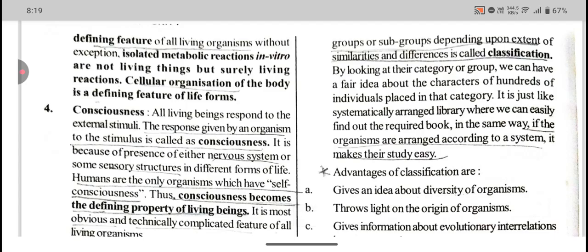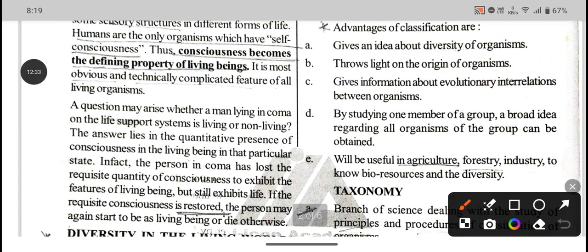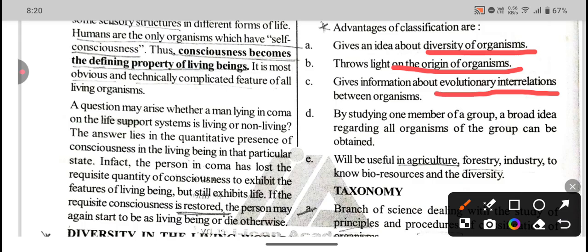The classification of organisms into groups or subgroups depending on the extent of similarities and differences is called classification. So what are the advantages of classification? It gives a clear idea about the diversity of organisms, throws light on the origin of organisms, and gives information about the evolutionary interrelationships between organisms.